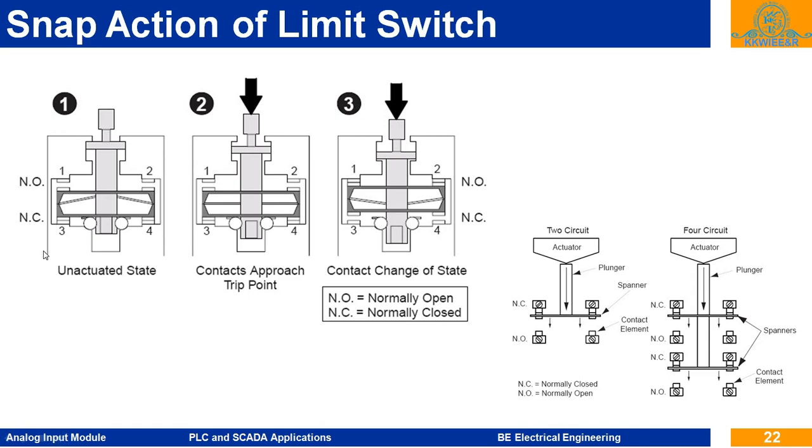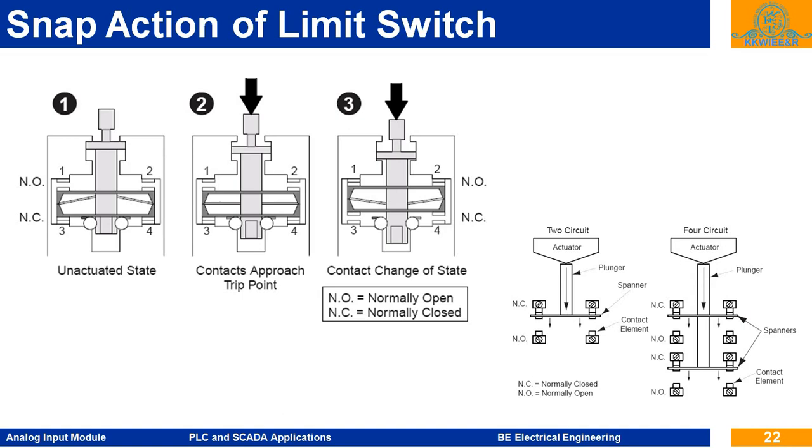Then the current rating for this limit switch, or for a push button, is say 2 ampere, 4 ampere. These are the standard current ratings, because these devices are used in the control circuit.